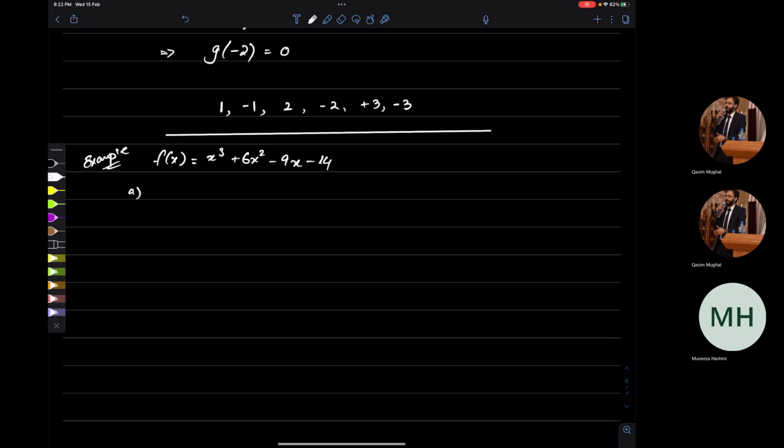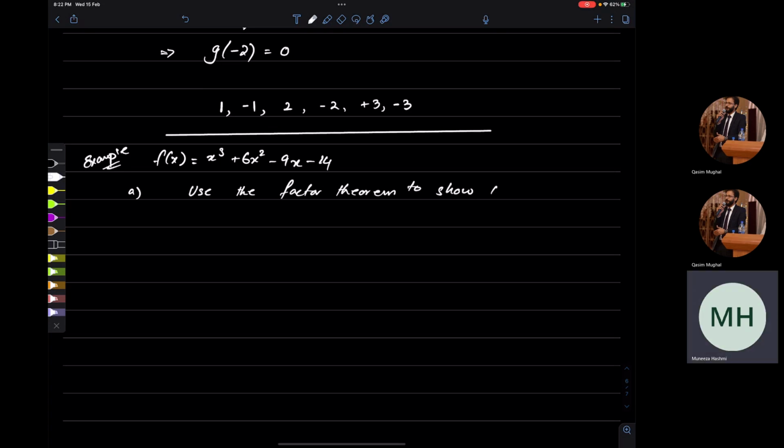In the first part, the examiner asks you to use the factor theorem to show that x minus 2 is a factor of f of x.